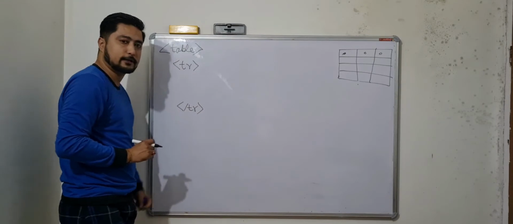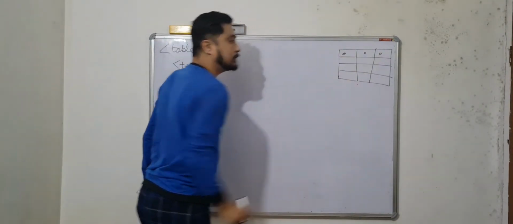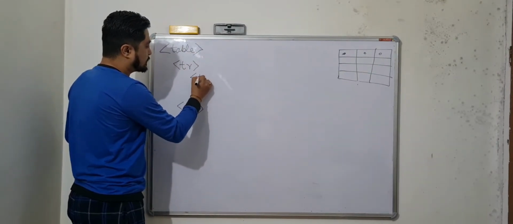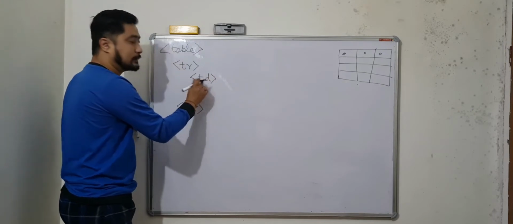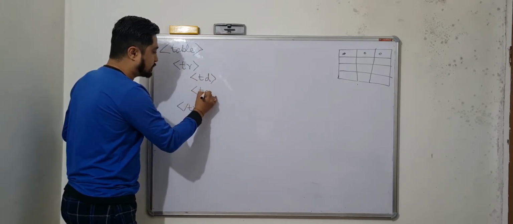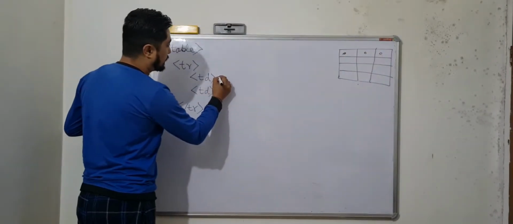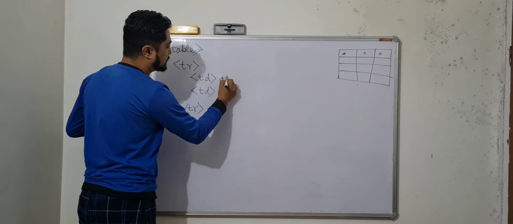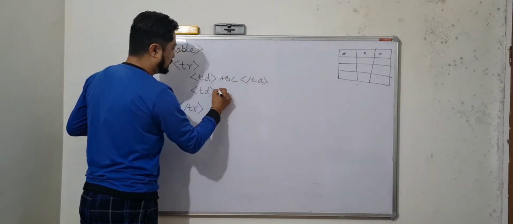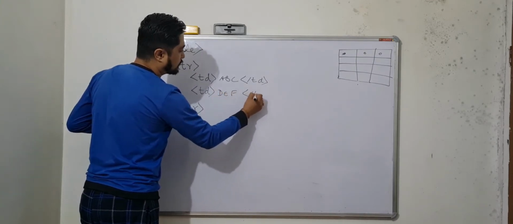After we create the row, inside this row we have to insert the values also. For that, td means table definition. The number of tds you use is the number of cells that will be created. So td, and then you write any value, suppose abc, and close with td again. Then def, close td.